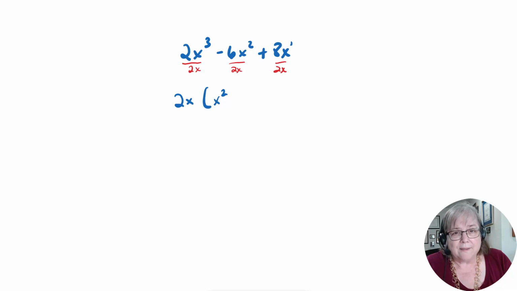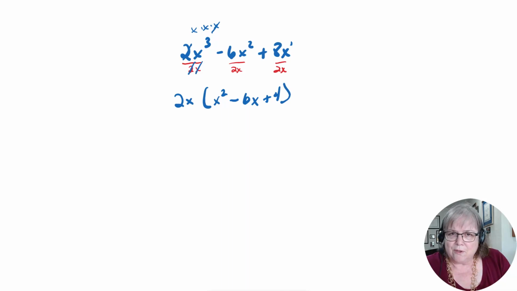I had x cubed, which was literally x times x times x, and I'm taking out one of these, and I'm taking out this 2, so that leaves me x squared. All right, minus 6 divided by 2 is 3. I had x squared, I took out an x, I divided it out, so that leaves me 1x left. I had 8, I divided out a 2, that leaves me 4, and I had x, and I divided out all of x, so I have no x's left.